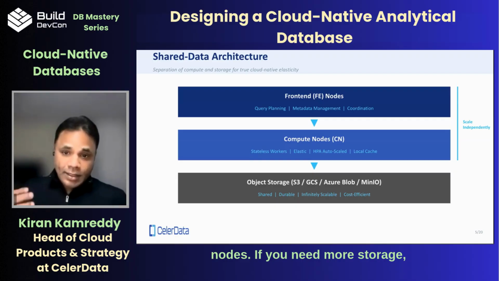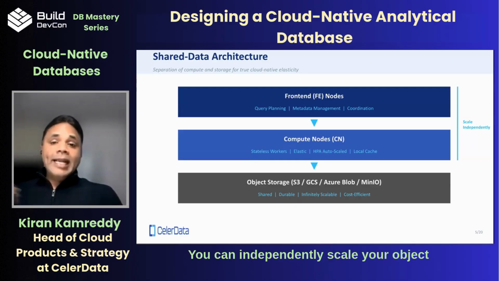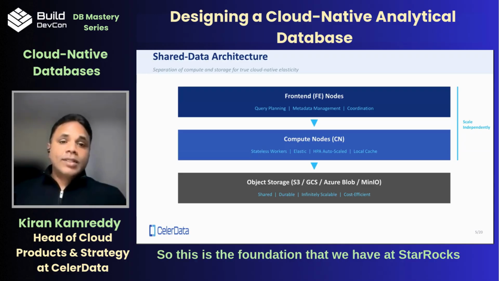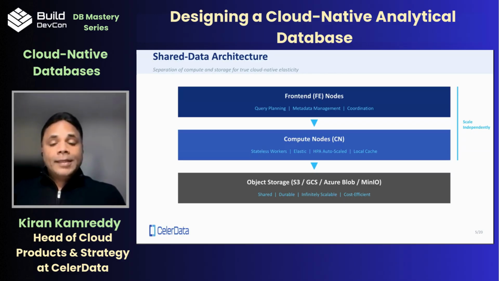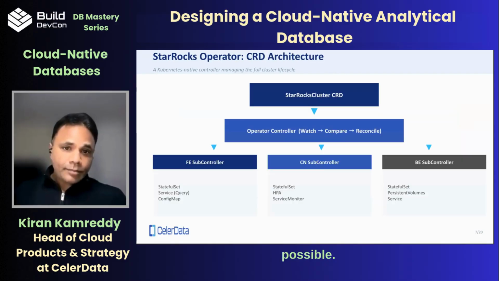If you need more storage, object storage is something that we all know can scale infinitely. You can independently scale your object storage without touching your CN nodes or your front-end nodes. So this is the foundation that we have at StarRocks that makes elasticity and everything else really possible.